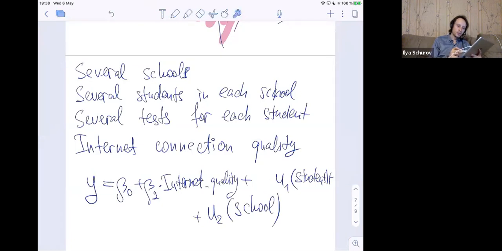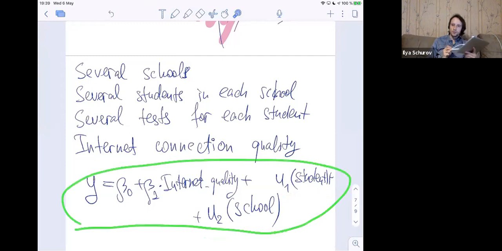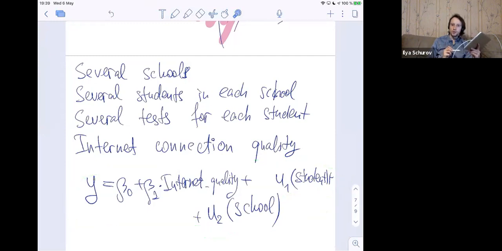So in this case, we have effects of student and effects of school, and then they can be added. So for a particular student, we take into account that there is some variability between students inside one school, and there is some variability between schools, and school can also affect the results of the student. So actually, these models can be much more complicated than we discussed so far.